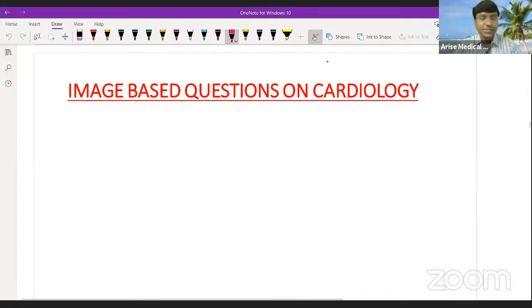Let me discuss these image-based questions on cardiology. This is part 2 of the image-based questions on cardiology. In my previous sessions, I have already discussed some questions on cardiology, and this is my second session.